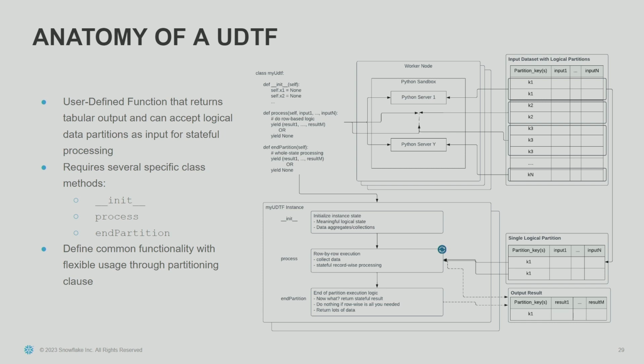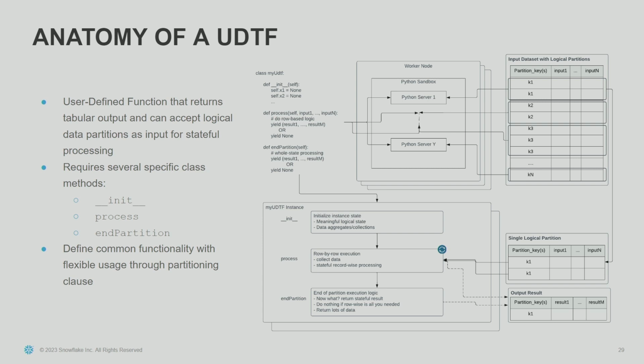What Snowflake does then is, the same way that we have those parallel independent processes for Python UDFs, we do the same thing, but the difference is rather than passing random batches of data, we pass all of the store 1 data to the same thread. We then pass all of the store 2 data to the same thread, and so on, which allows you this flexibility to do very custom stateful processing, as well as the ability to return different numbers of rows. With the UDF, if you pass in 100 rows, you get 100 rows out.